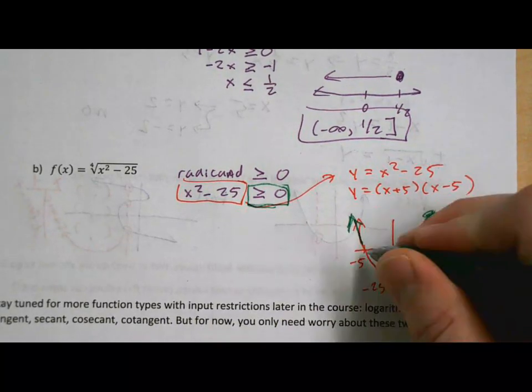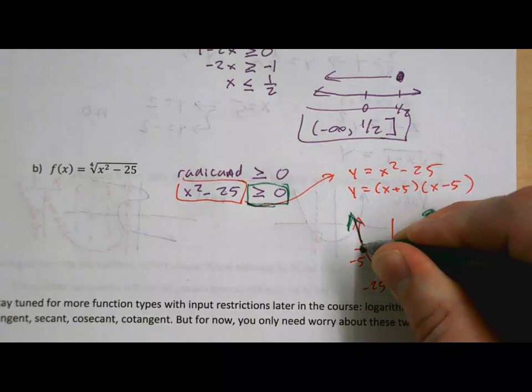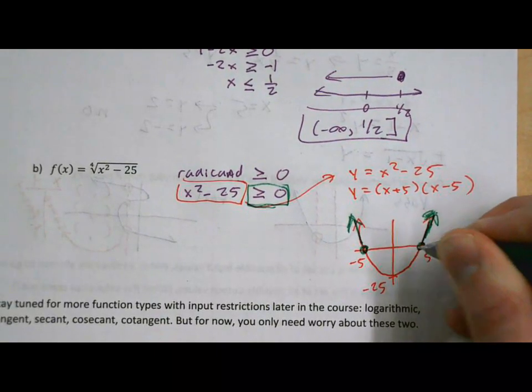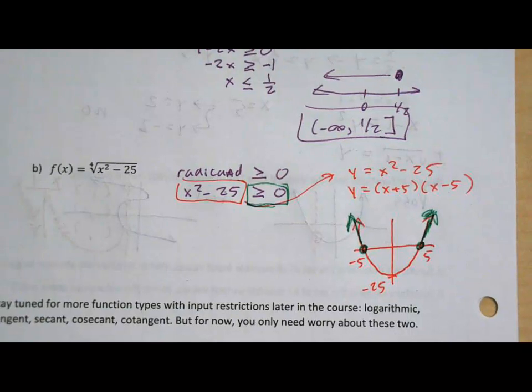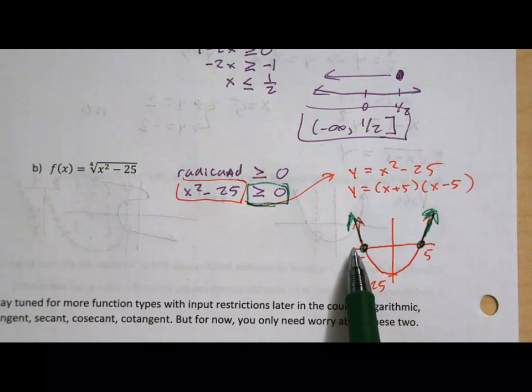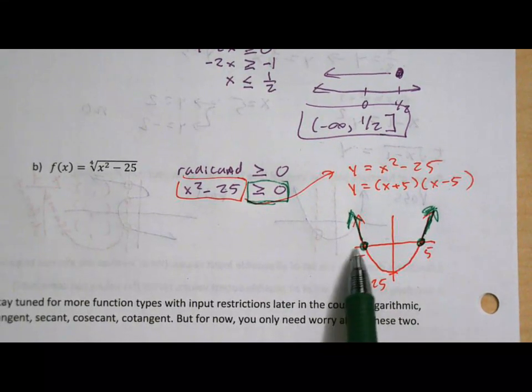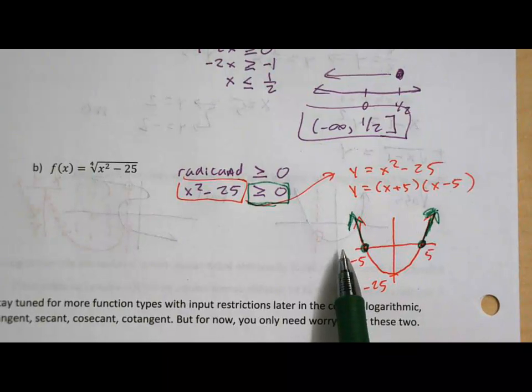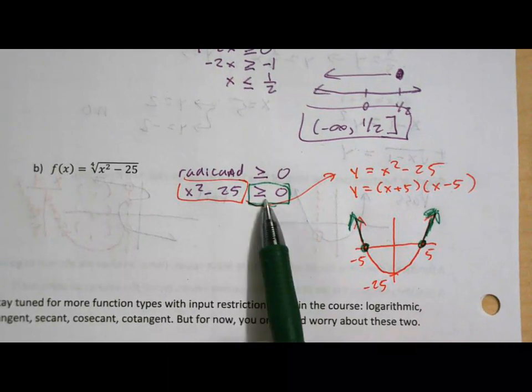Or equal to, so we're also going to include that point and that point here. So any of those x values that I just highlighted in green and darker are going to make this true, which means they're part of our domain.